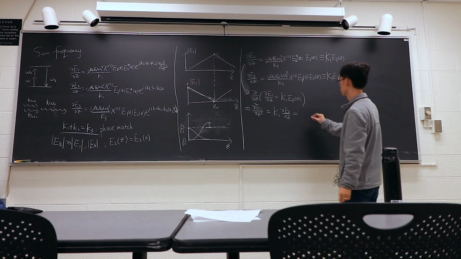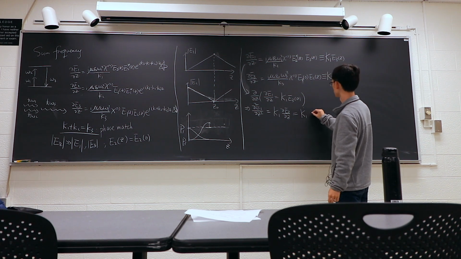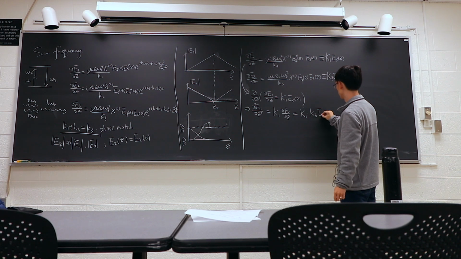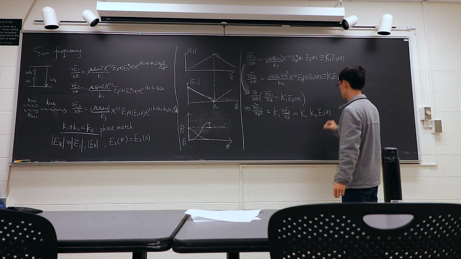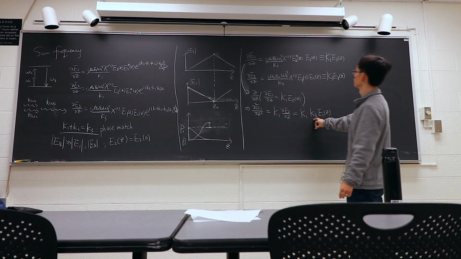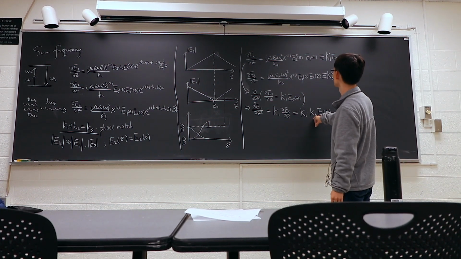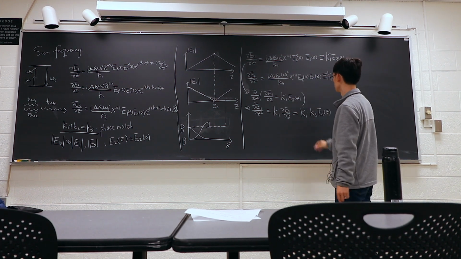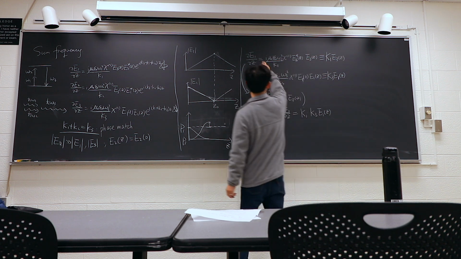And you get K1 times K3 E1. Let's say K1 times K3 is a minus number.